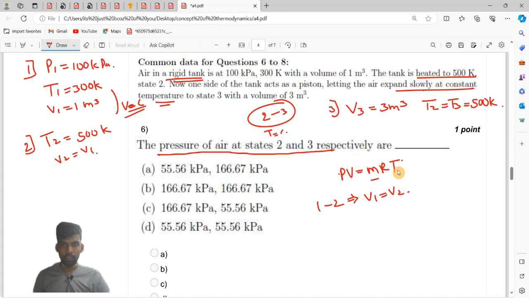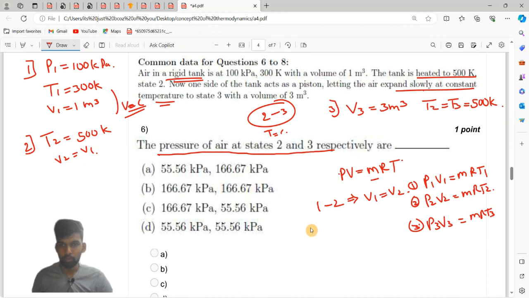Mass is not changing, R is not changing. So we can write P1 V1 = m R T1, P2 V2 = m R T2, and similarly P3 V3 = m R T3. This is at state 1, state 2, state 3.